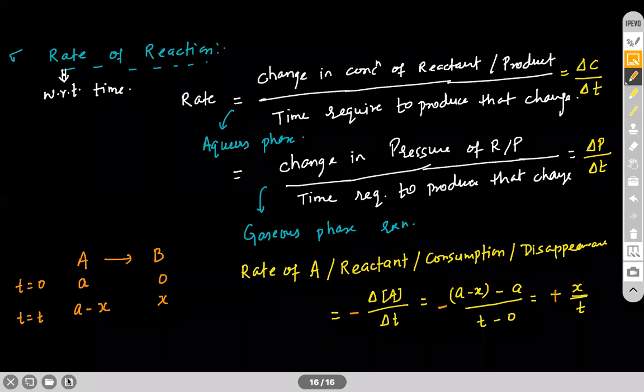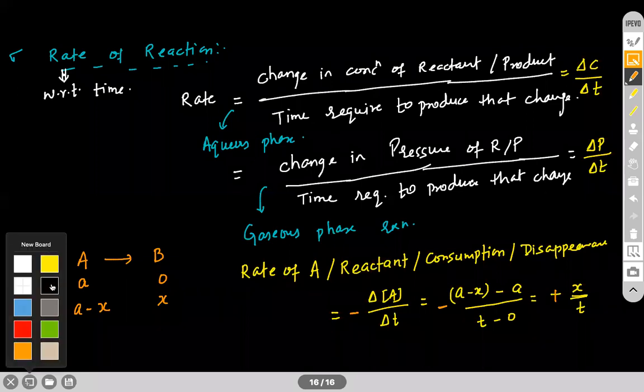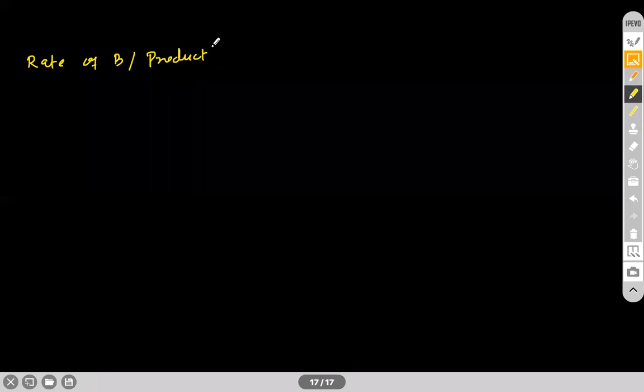Correct? Now, the next thing, the rate of the product, right? The rate of the product, that is B. So what can we write? The rate of B, or B is the product, rate of product, rate of production also we can write, and the product is getting formed, so rate of appearance.